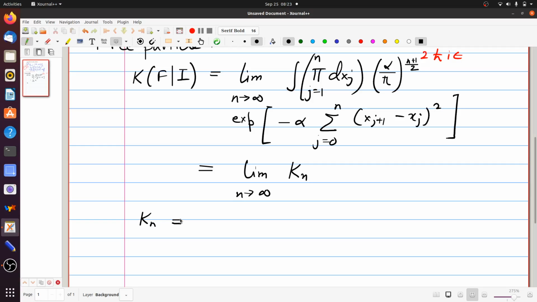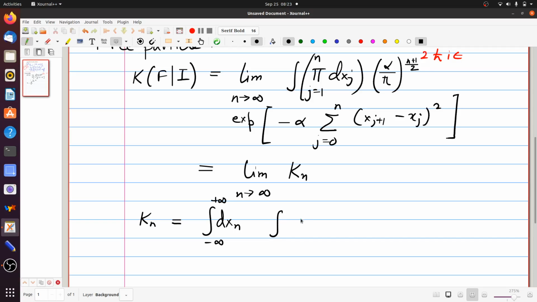What will make life a bit easier for us soon is that there is a nice way of writing K_n in an iterative fashion, which means that if you know K_{n-1}, you can carry out only one integral and get to K_n. After all, this is a multiple integral, and multiple integrals are done iteratively. So you can easily see that this formula that we have written down can simply be written by separating out the integration over the nth variable.